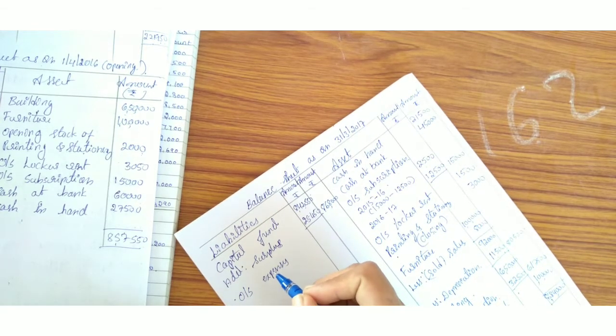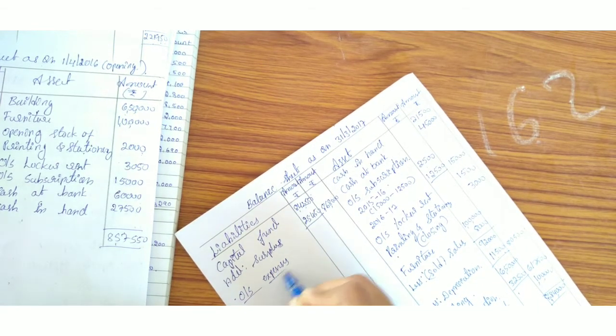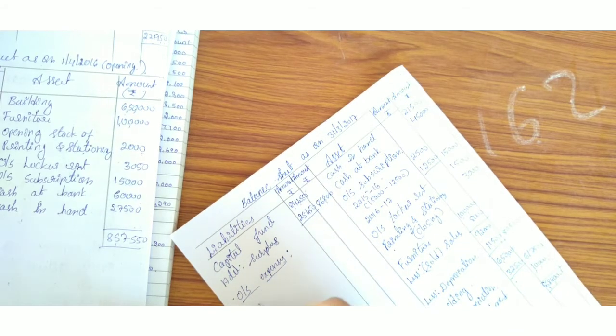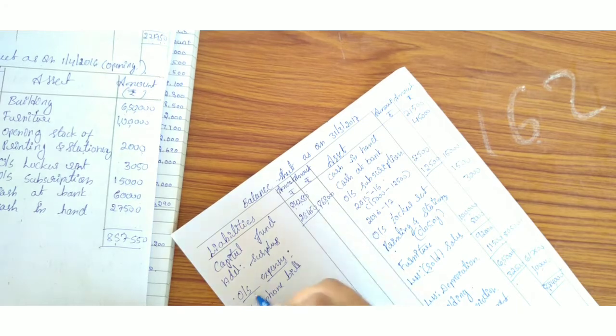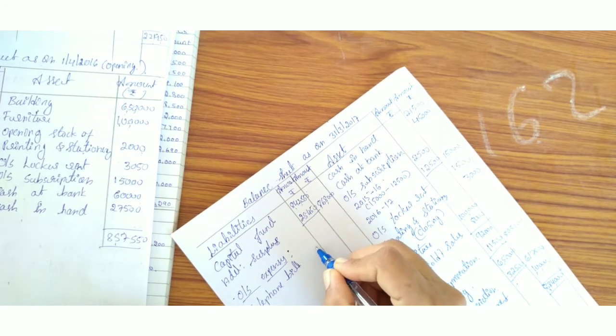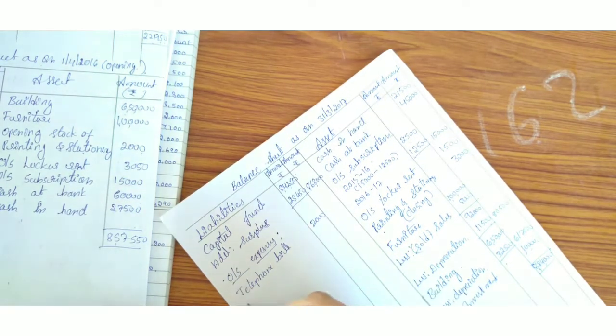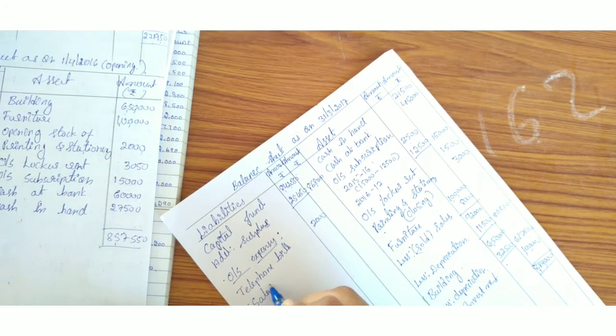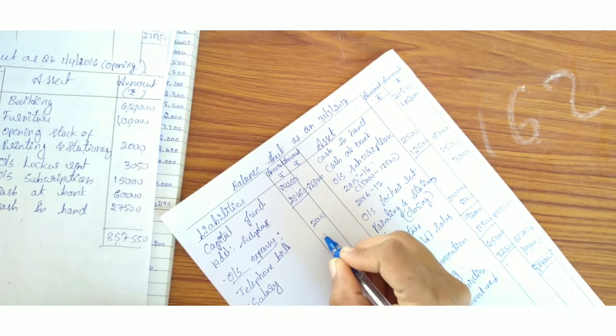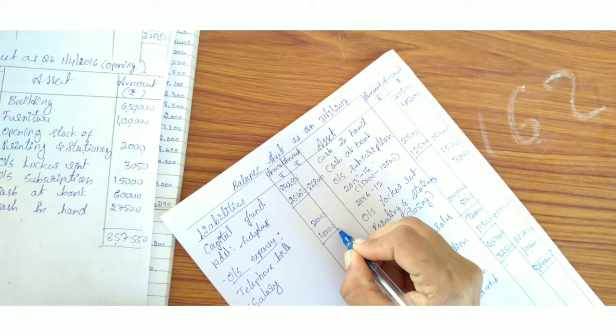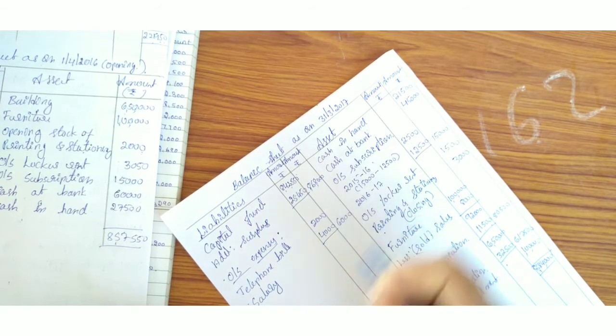It is also recorded, that is outstanding expenses. In the adjustment you can observe the telephone bill outstanding, salary outstanding is there, this is all outstanding amount, okay. That is 2,000 rupees, and also salary which is outstanding, that's why we are recording, that is 4,000 rupees. Total outstanding expense is 6,000 rupees.